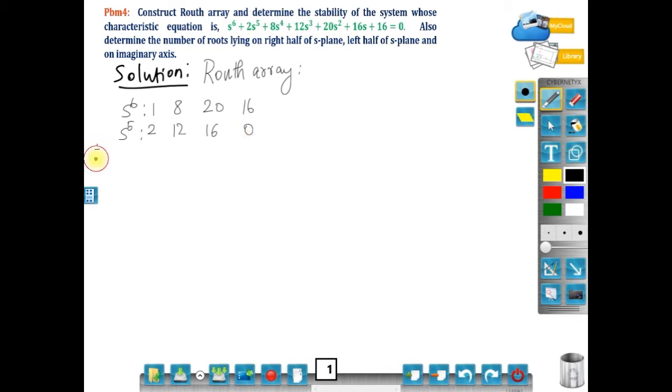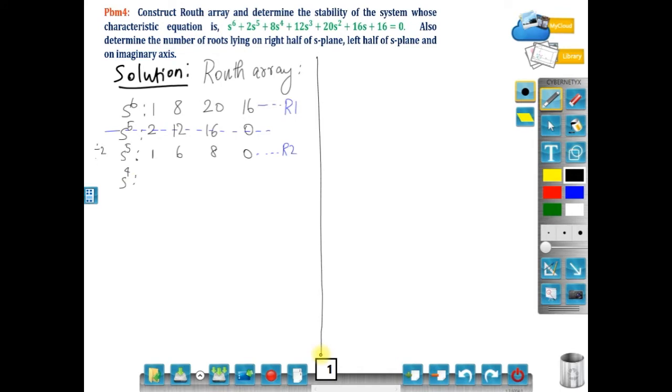We can divide the S power 5 row by 2, and we will get 1, 6, 8 and 0. So this is row number 1, this is row number 2. No need to consider the original row. We have simplified the S power 5 row into 1 6 8 0.